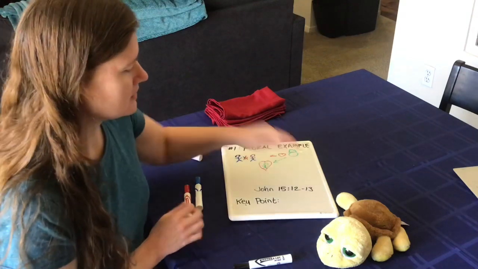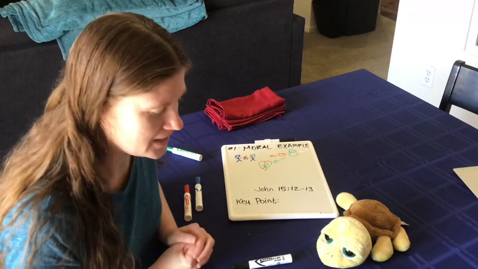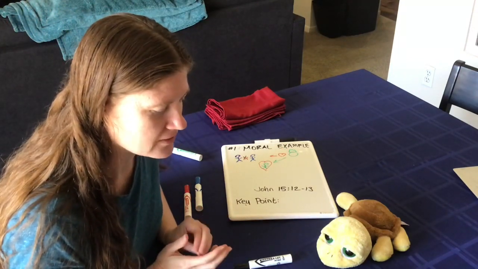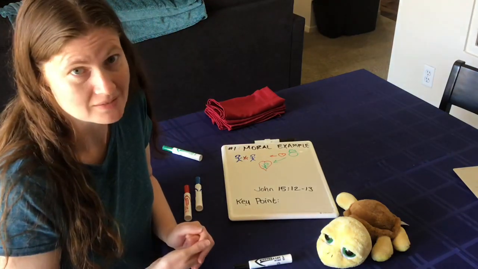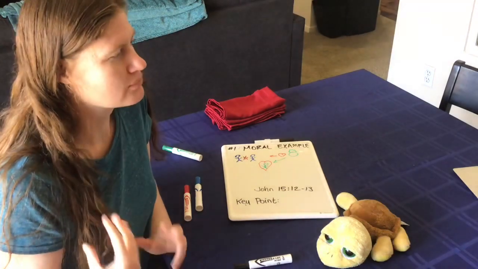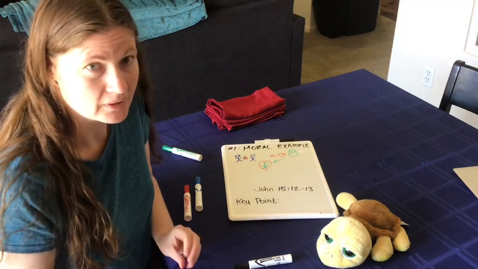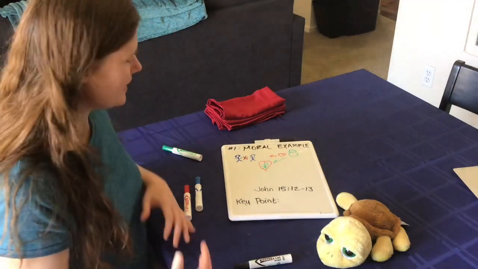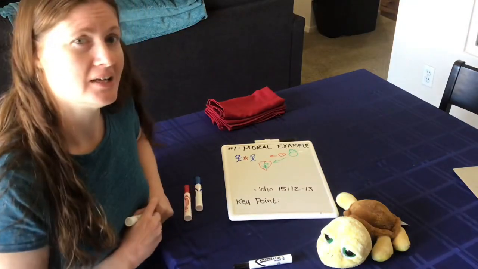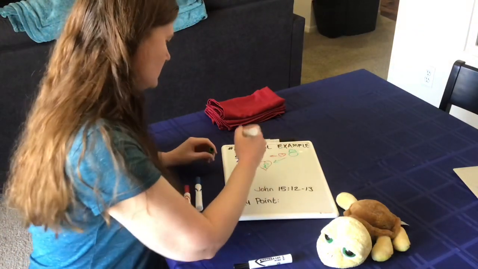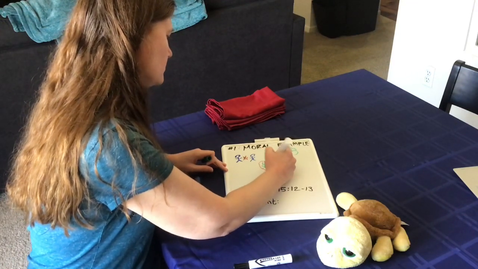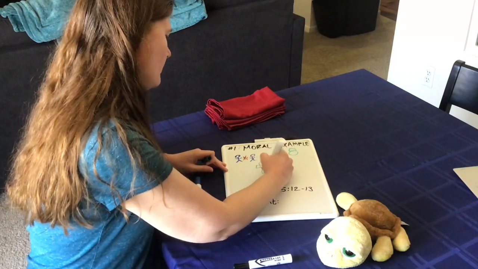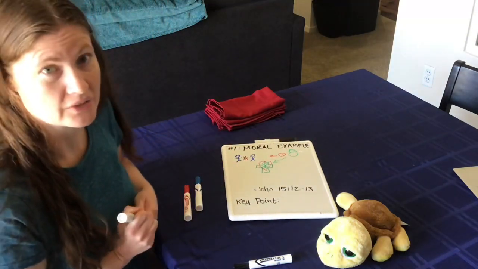But what it says in this verse in John 15 is that greater love has no one than this, that someone lay down his life for his friends. And so the greatest example of God's love is Jesus offering himself as a sacrifice. So his ultimate demonstration of that love is dying on the cross.